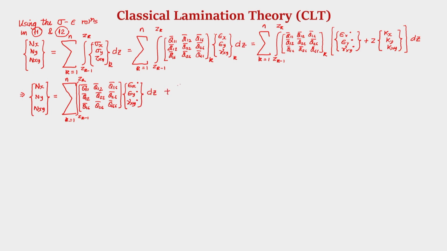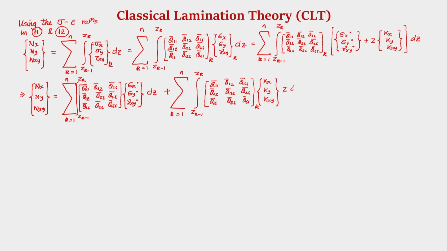Plus the second, we just expand this now, plus k is equal to 1 to n, again integration zk minus 1 to zk Q bar for the kth layer into z into, let me write this as kx, ky, kxy, z dz.